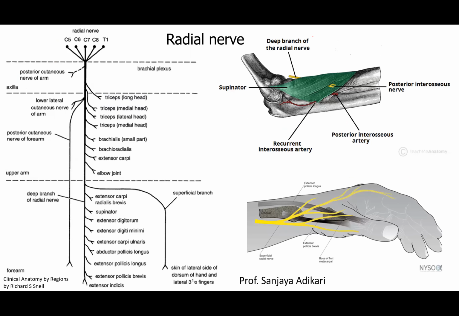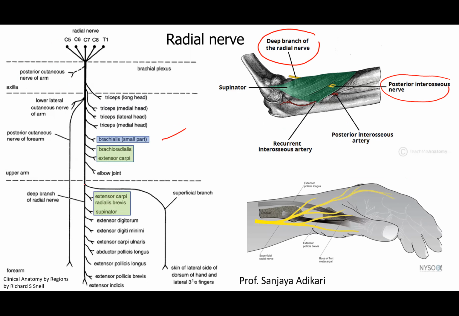The deep branch of the radial nerve enters the supinator muscle, and it leaves as the posterior interosseous nerve. Okay, don't get mixed up. Posterior interosseous nerve. And if you look at this diagram again, brachialis, I mentioned this point. Okay.